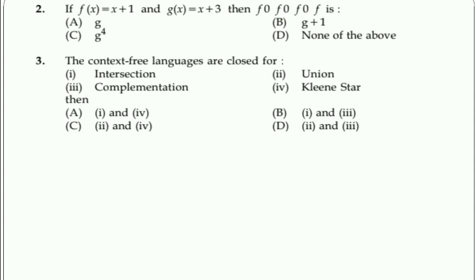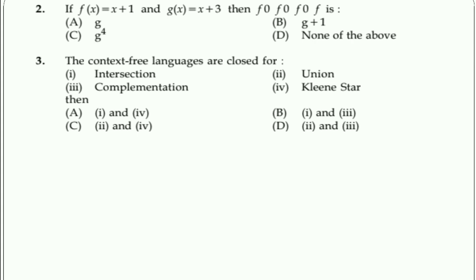Next one, the third one. The context-free languages are closed for intersection, union, complementation, Kleene star. These types of questions are asked in many competitive exams. You can observe questions on which relations regular languages are closed under, and which relations context-free languages are closed under.